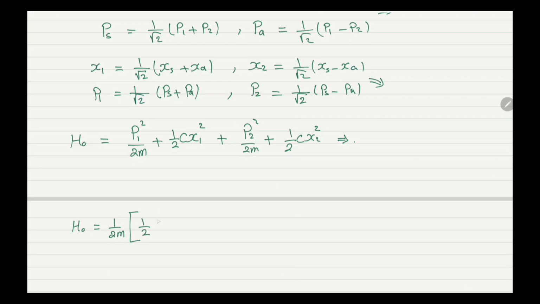half p symmetric squared plus p antisymmetric squared plus 2 ps pa, plus half p symmetric squared plus p antisymmetric squared minus 2 ps pa.